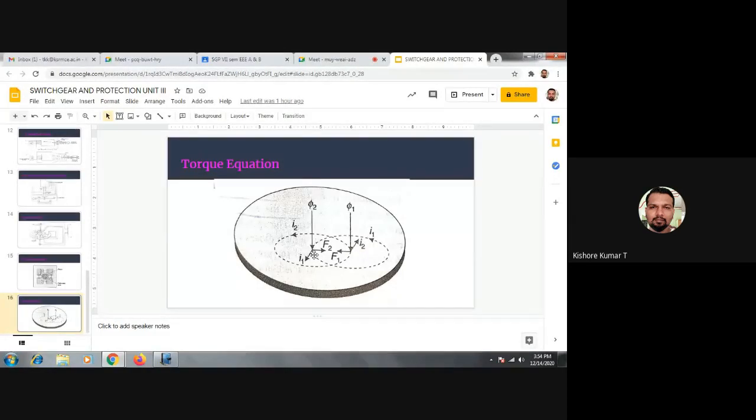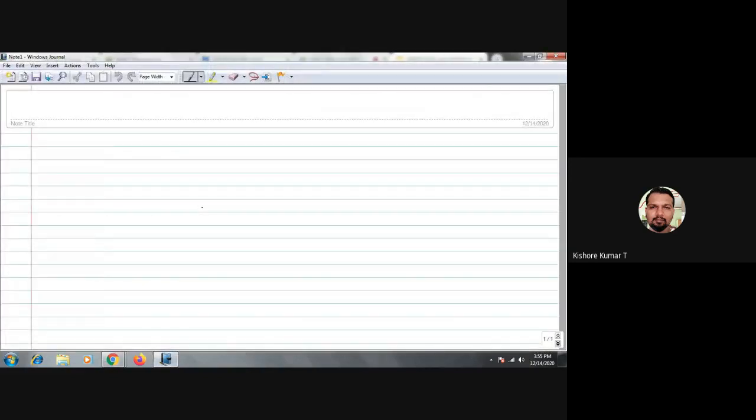Generally, what do we write for phi 1? Instantaneous amount of flux. That instantaneous amount of flux will be given as phi 1 equal to phi 1m sin omega t.